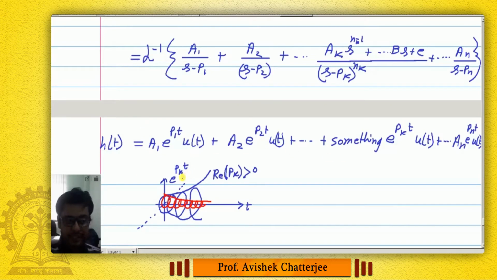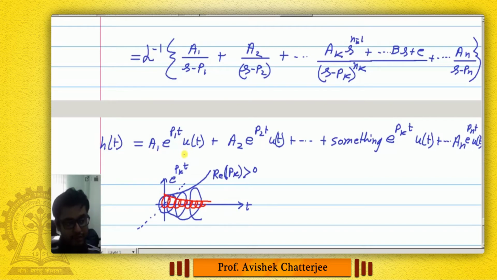But you can clearly see that if all these terms are exponentially decaying, then this will be absolutely integrable, because after some time the signal will be vanishingly small, so the integration will converge. But if any of these terms is blowing up with time, then when you integrate the mod of h(t), that will not converge.